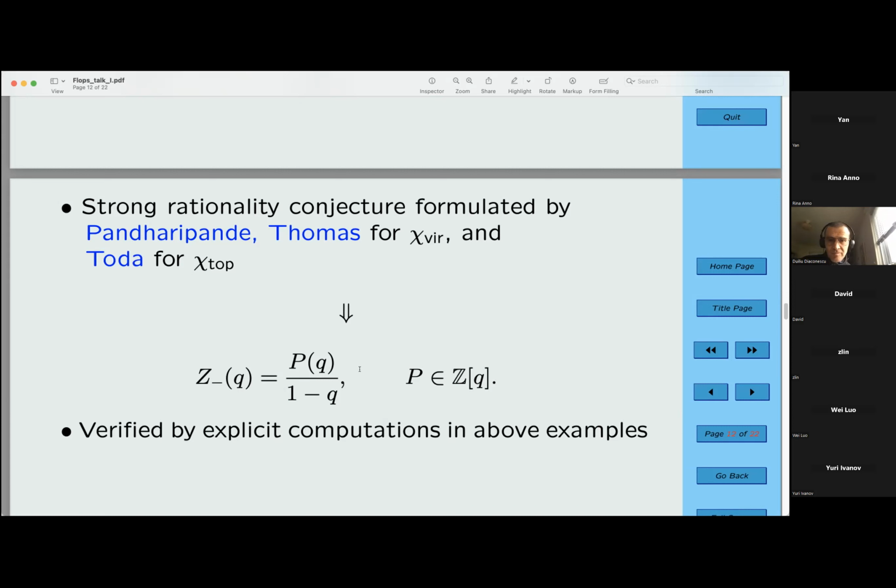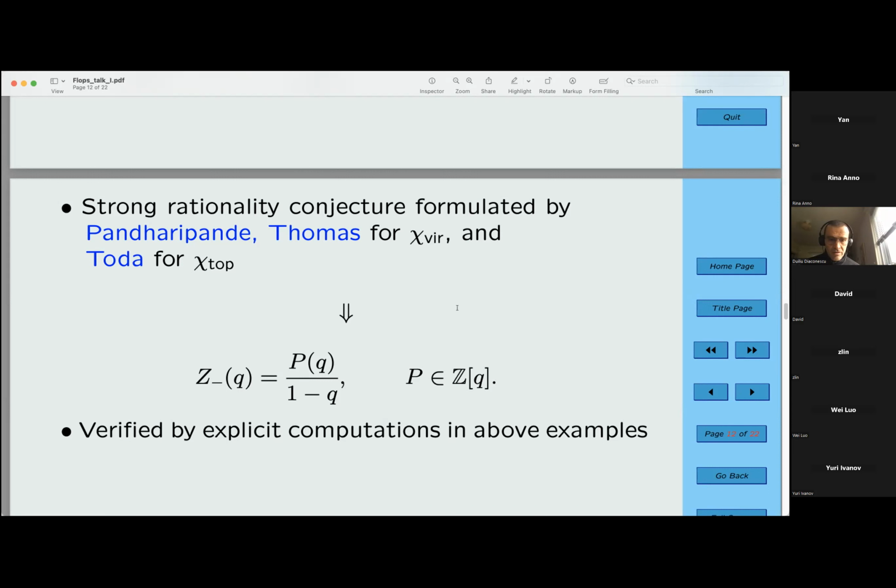Yeah. By the way, about this rationality, this is really a very strong conjecture because it even predicts what the set of singularities is. It's just one point.